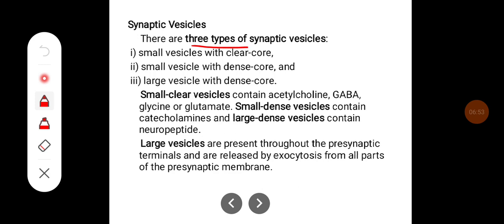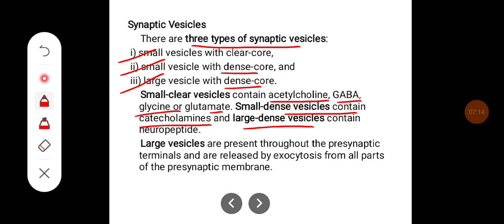Synaptic vesicles are of three types: small vesicles with a clear core, small vesicles with a dense core, and large vesicles with a dense core. The small clear vesicles mainly contain acetylcholine, GABA, glycine, or glutamate. Small dense core vesicles contain catecholamines, and large dense vesicles contain mainly neuropeptides.